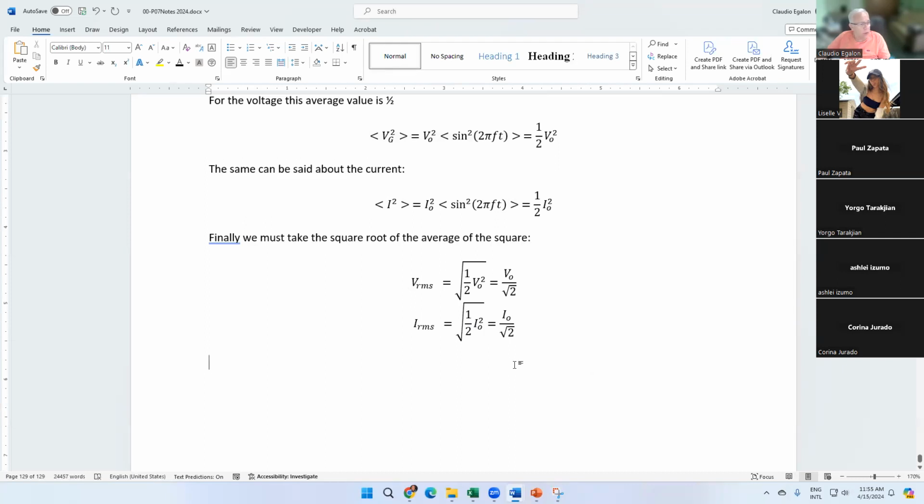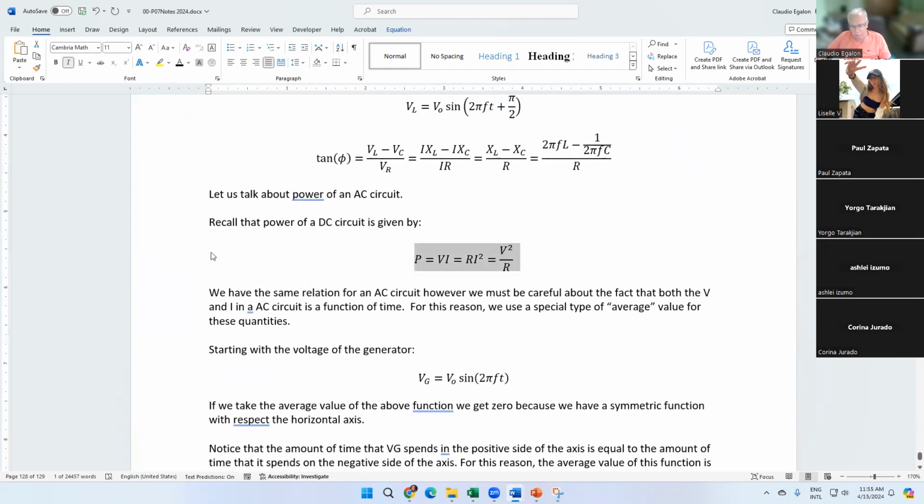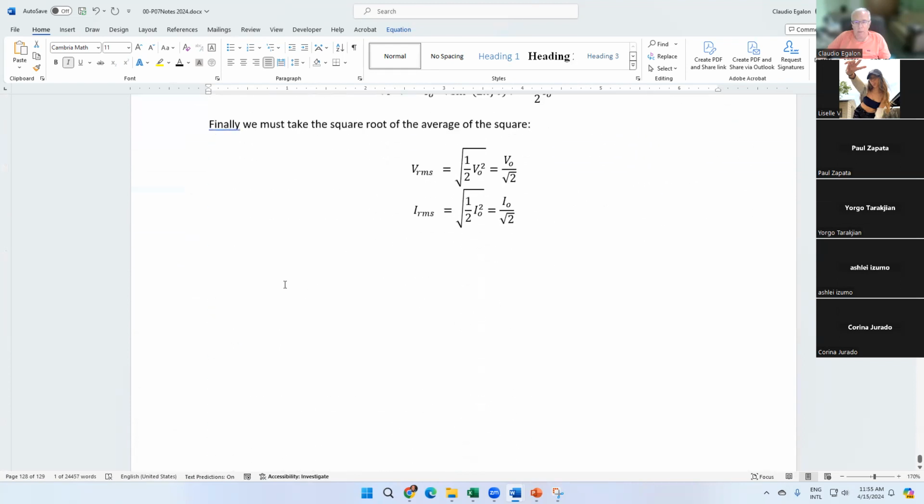So now we finally get the average power. I'm going to use this equation right in here.